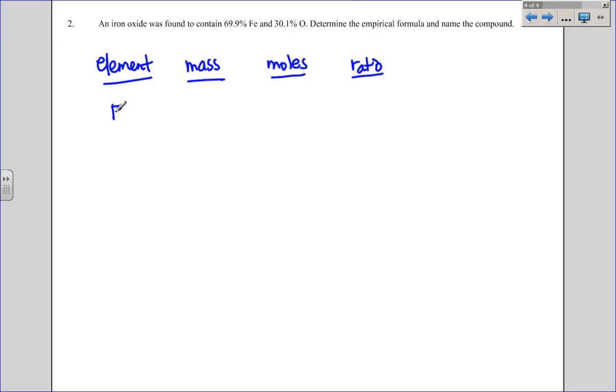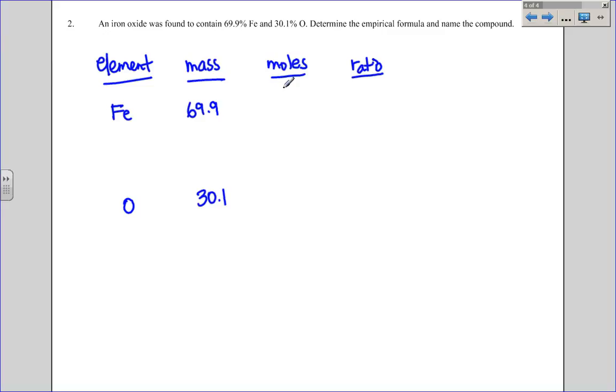And I've got my iron and my oxygen. So I'm going to work with 100 grams. The percentages become the masses that I need to deal with. To determine the moles, I divide by the individual molar masses.